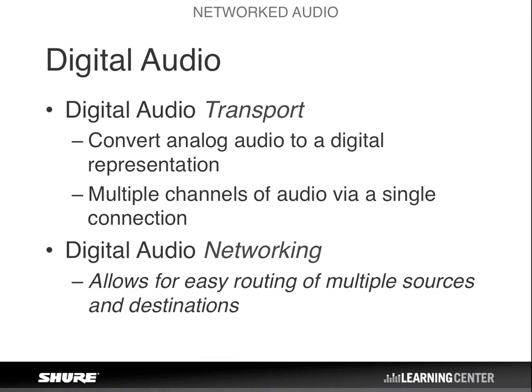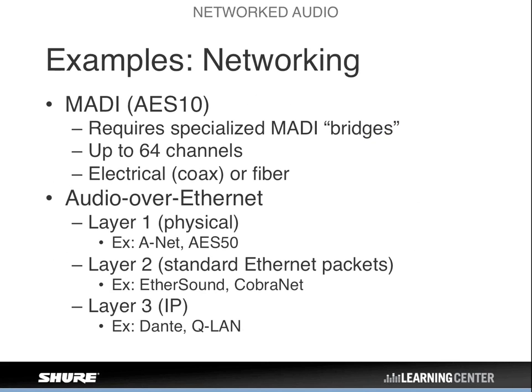But in digital audio networking, you're basically taking the digital audio output from your device and putting it on a network so that other devices can easily get to that audio. So rather than just a one-to-one connection, it sets up a network of devices that can all utilize and route that audio. So in the interest of time, we'll skip right to different audio networking protocols that exist.